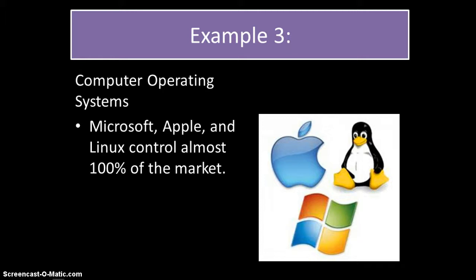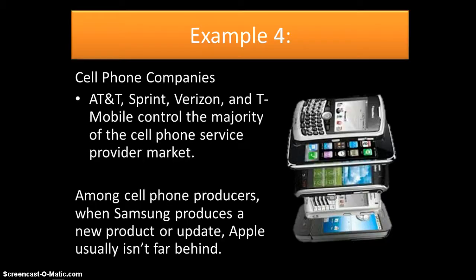The third example of an oligopoly is computer operating systems. Microsoft, Apple, and Linux control almost 100% of the market. The fourth example of an oligopoly is the cell phone service providers in the cell phone market.